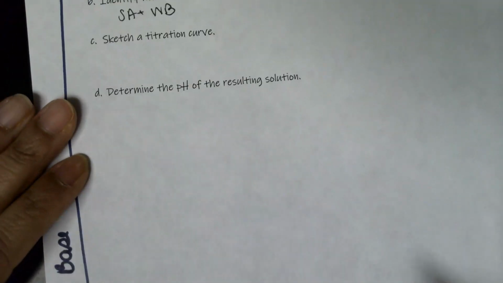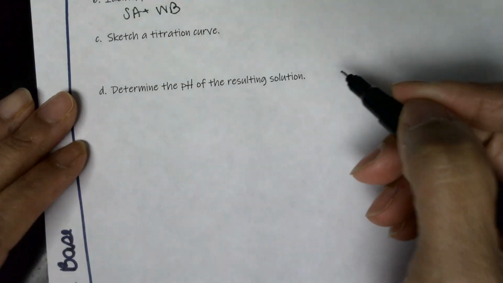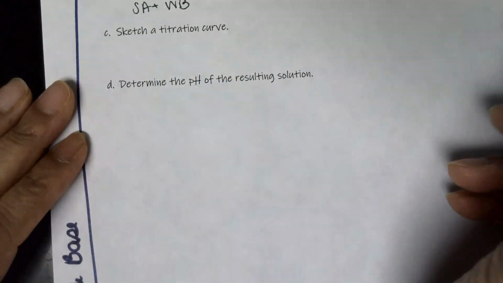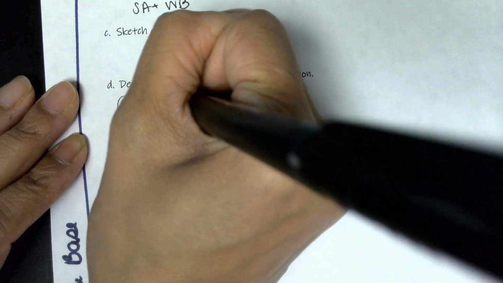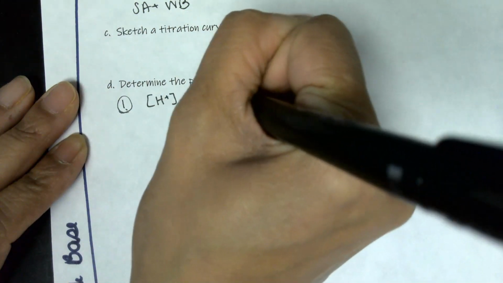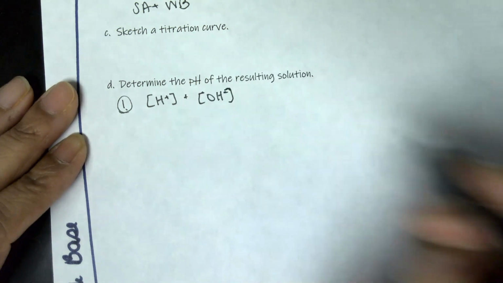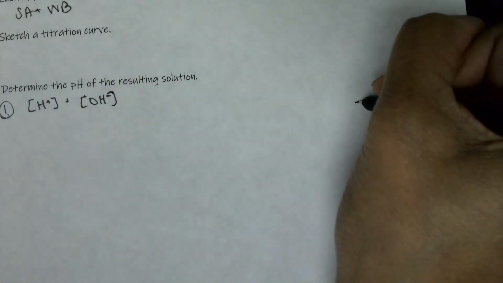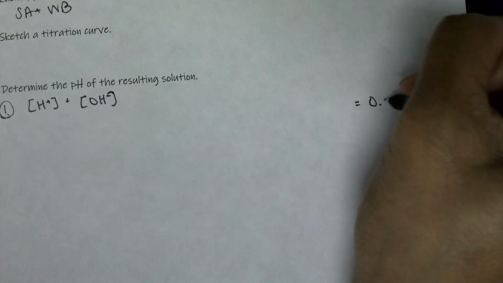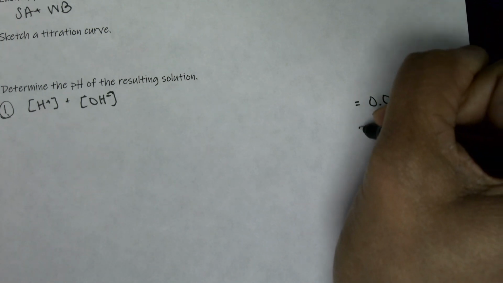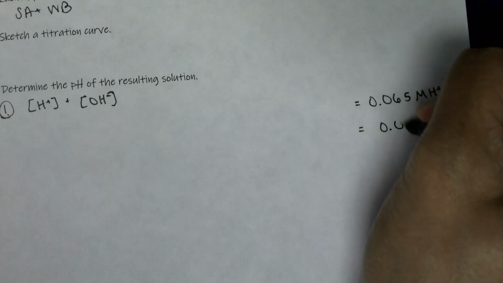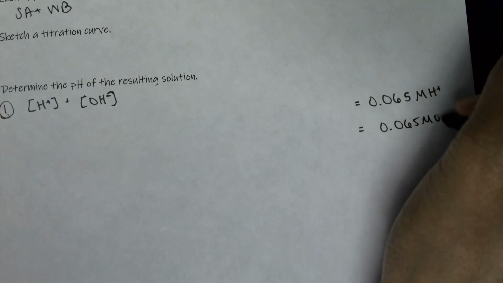You can sketch that titration curve again. And let's run through the first two parts of this: the H plus concentration and the OH minus concentration. Your H plus ended up being 0.065 molar H plus. Your OH minus ended up being 0.065 molar OH minus.